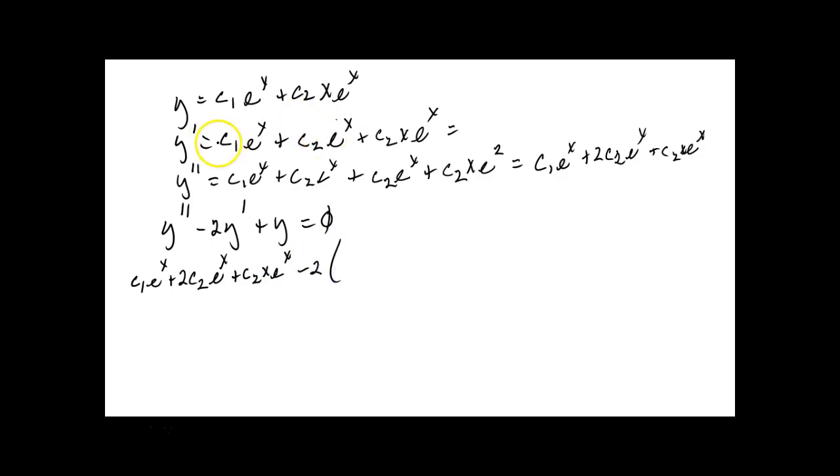Y prime has 3 terms, and that'll be C1 e to the x plus C2 e to the x plus C2 x e to the x. Plus y. Well, the y has 2 terms: C1 e to the x plus C2 x e to the x.